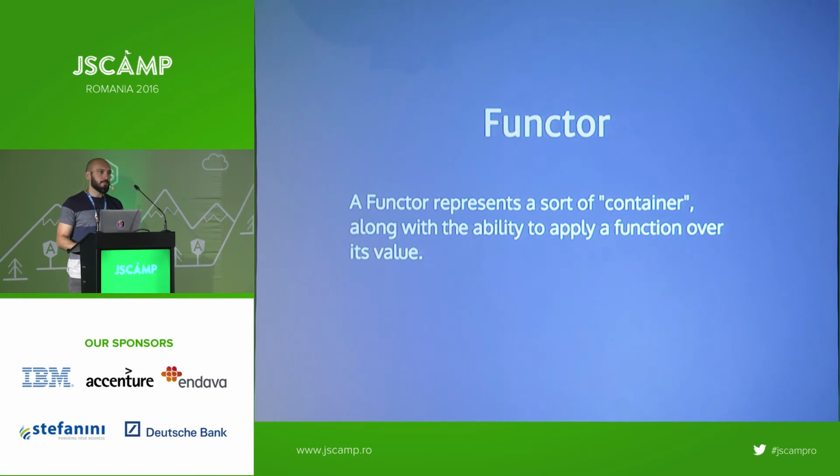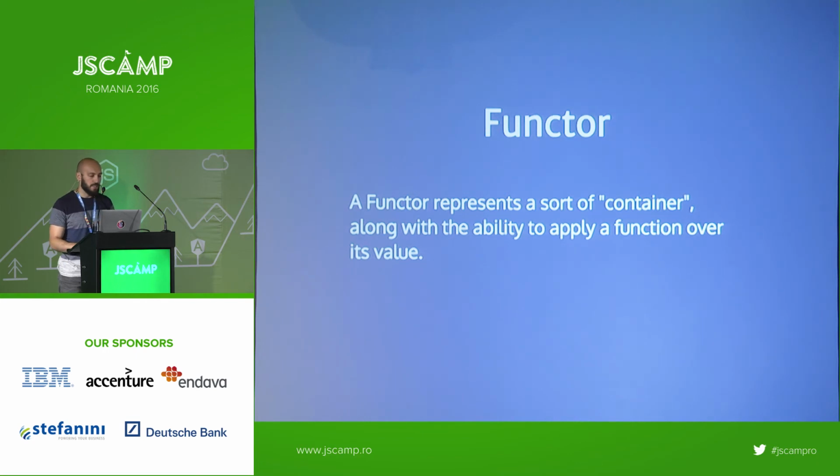So, the first thing that we're going to discuss is a functor. There is a bit of overlap over what a functor is across different paradigms. For example, in C++, it's just a function object, a class that can be called as a function.